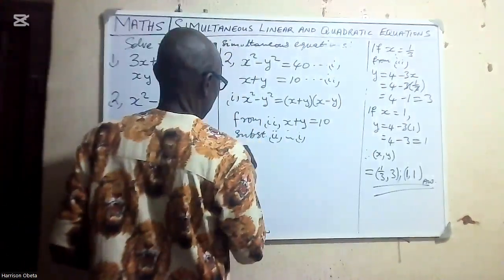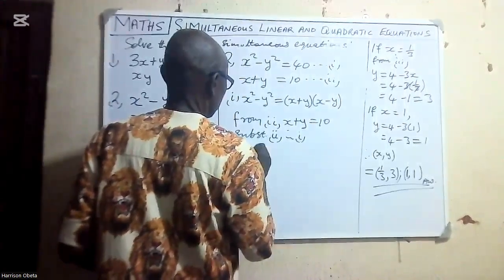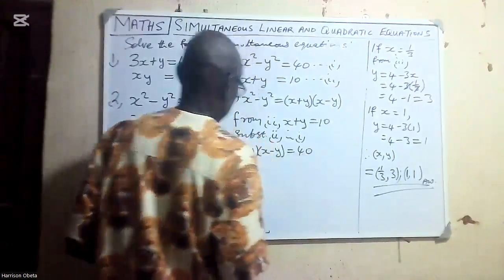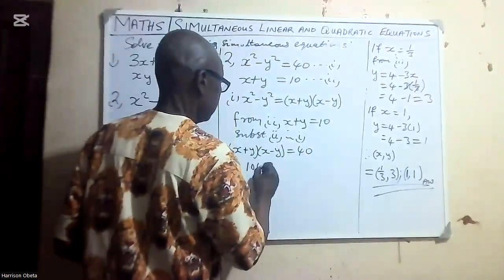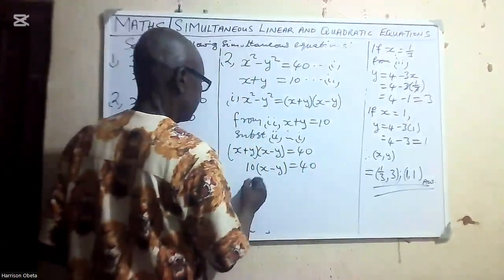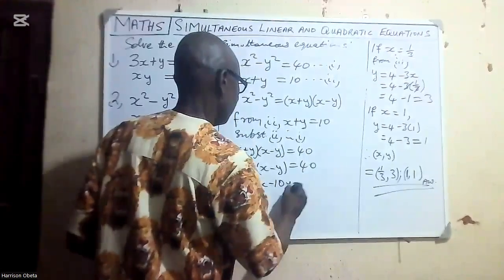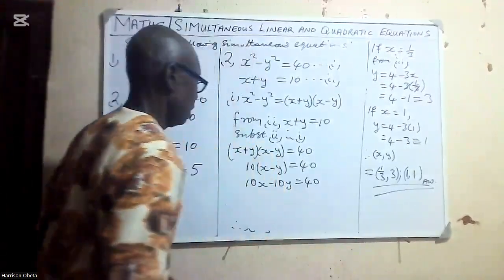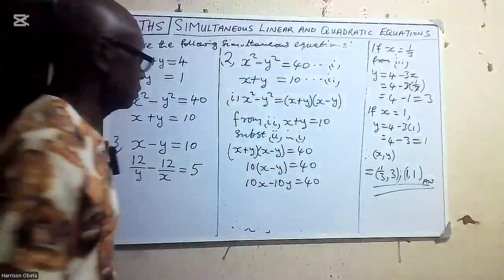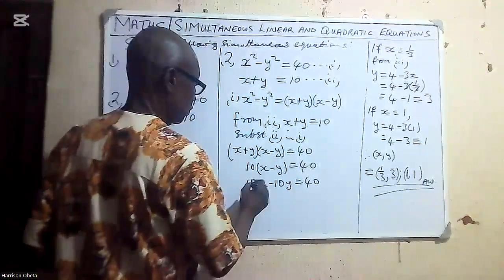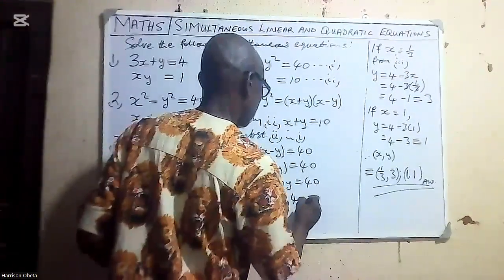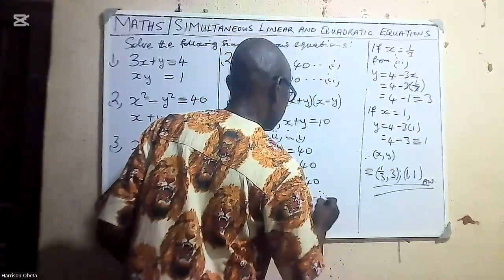That means that we have x plus y, x minus y equal to 40. That is the same thing as 10 brackets x minus y is equal to 40. That would be 10x minus 10y equal to 40. And if you look at this, we can reduce by dividing through by 10. And if you do that, that will lead us to x minus y equal to 4. We can call this equation 3.